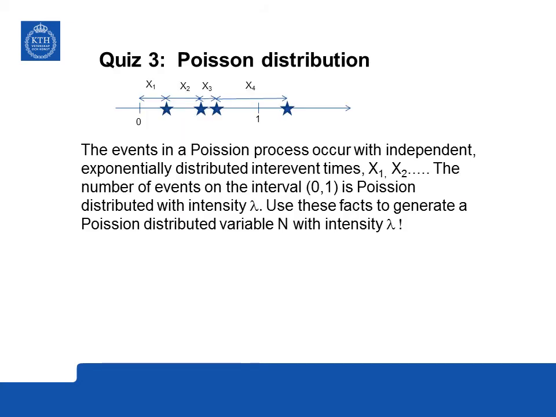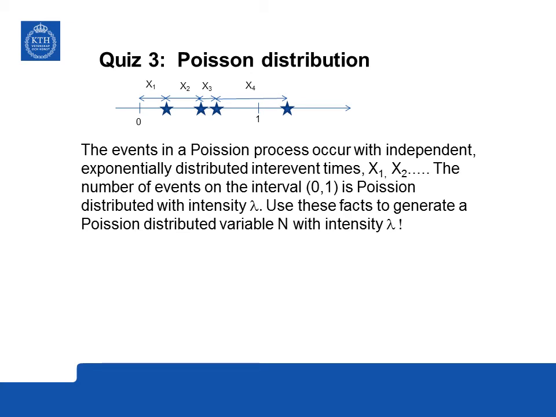And that brings us to quiz number 3, which is an application of the previous. We're going to compute a Poisson distributed variable N using the exponential distribution in the previous slide. The property that we'll use is the property of a Poisson process, as illustrated in the graph here. We have a timeline, and stars marking the time events of Poisson events.